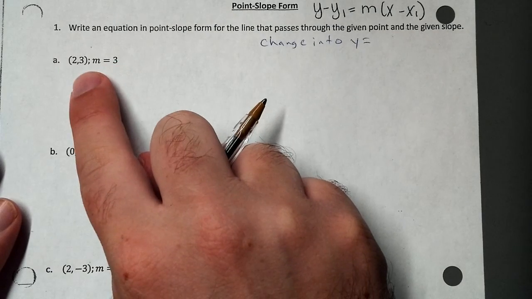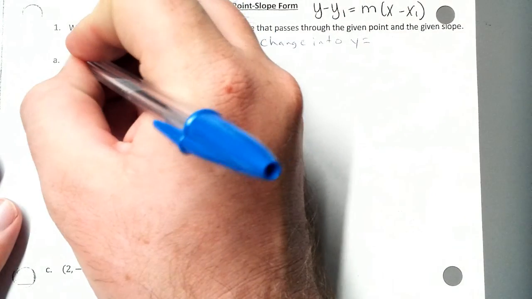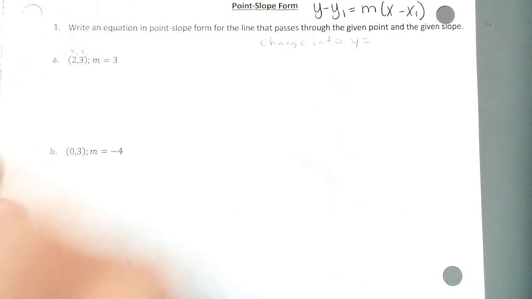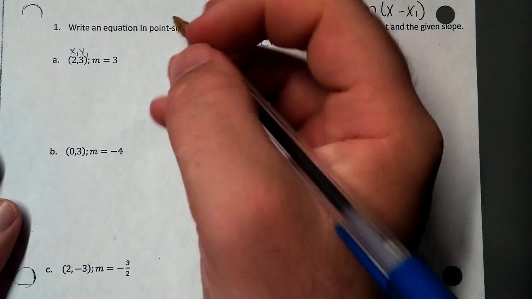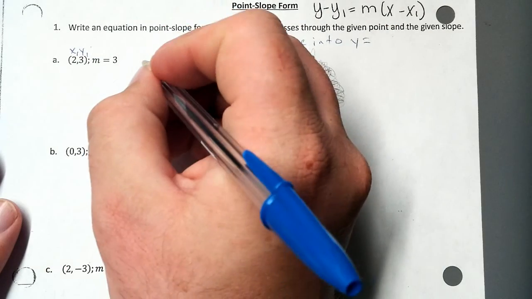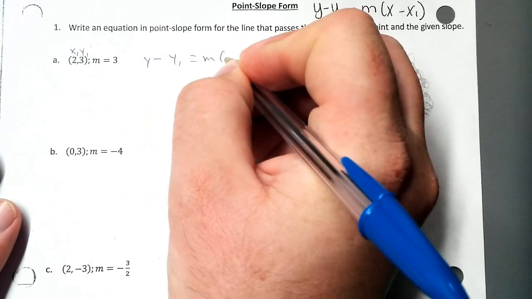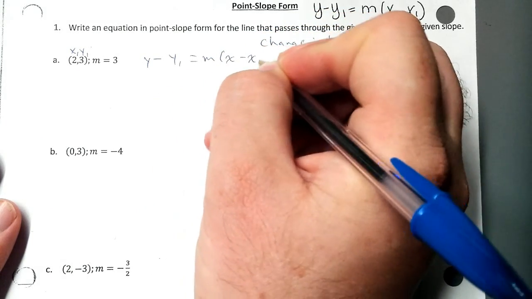For this first one, I've got my point, I've got my slope. I'm going to label my point x1, y1, and now I'm going to take my equation for point slope form. Y minus y1 equals m times x minus x1.